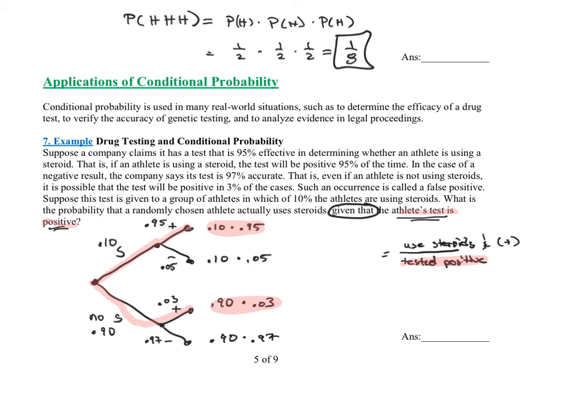So for the total who tested positive, we're going to have 0.10 times 0.95, that's those who use steroids and tested positive, plus we have the ones who tested positive who did not use steroids, which was 0.90 times 0.03. Then on top, we just want those who use steroids and were positive. So those who use steroids and were positive was just the 0.10 times 0.95. So we'll put the 0.10 times 0.95 on top.